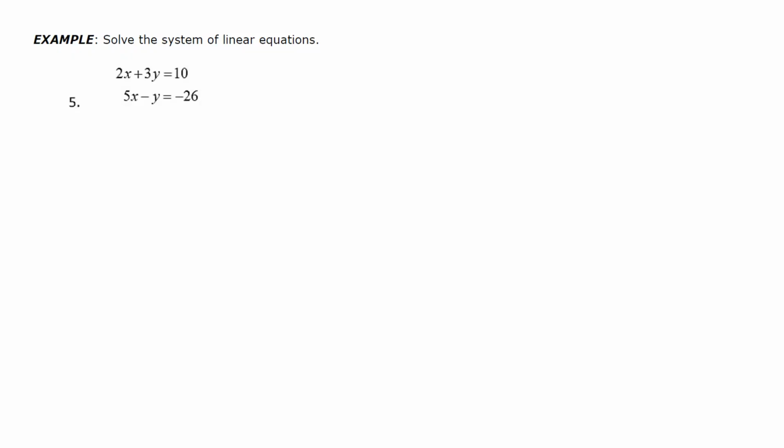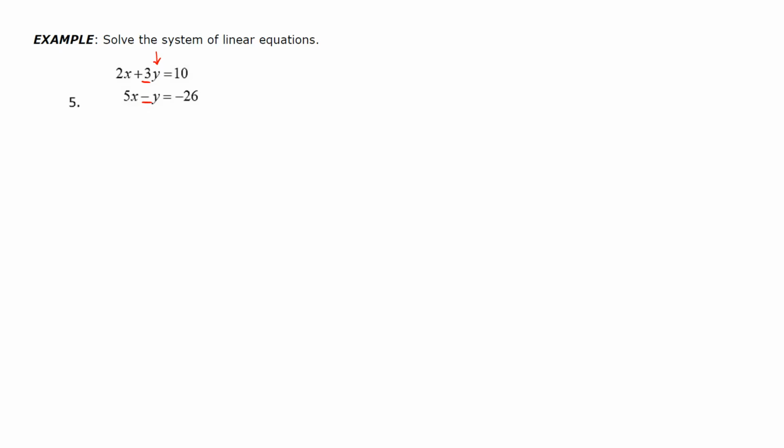So I need to make one of the variables have its opposites. In other words, in my first equation, I have a 3. So in order to eliminate y, I would need the coefficient in my second equation to be the opposite of 3, so -3.